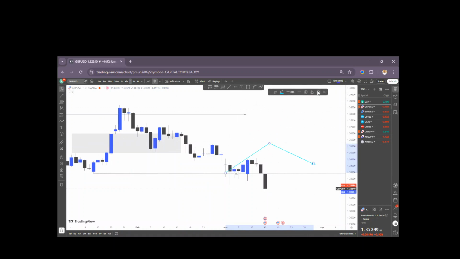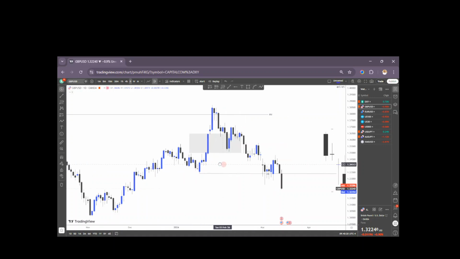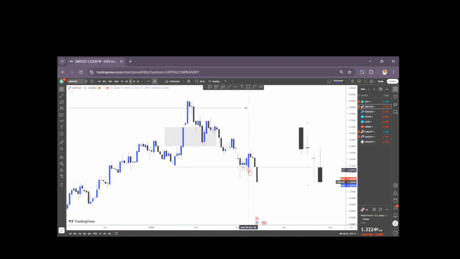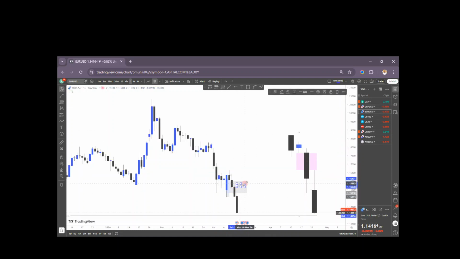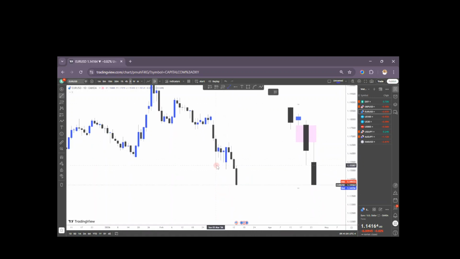Let me clear this. What do you realize? Now this week began here. This was on Monday, Friday, Monday. You see what happened on Monday, and this was quite confusing for me because on Monday we swept this low. We swept this low, and actually on Euro USD, you see on Monday we swept up to this low, giving us an SMT.